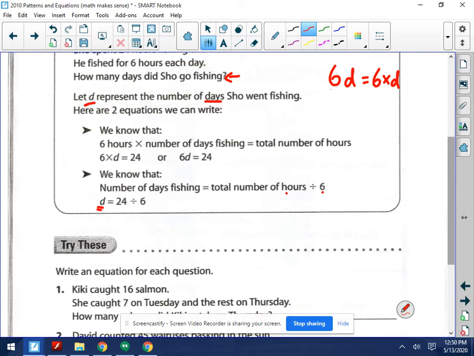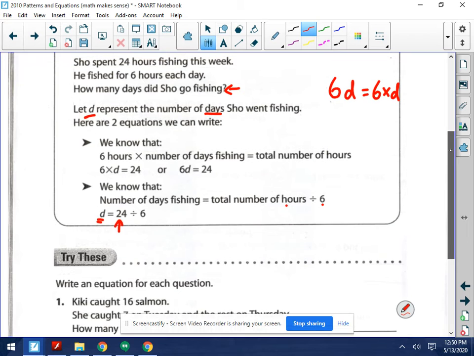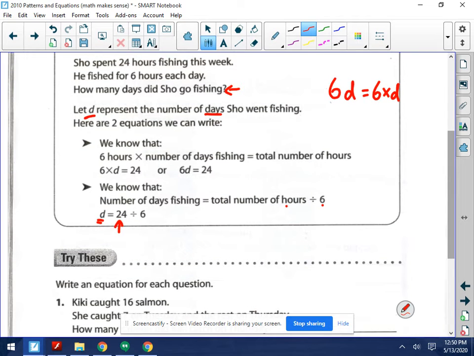So D, the number of days he was fishing, equals 24, that's the number of hours he was fishing altogether in that week, divided by the 6 hours a day. Or we could have written it this way: 24 divided by 6 will give us the number of days. And again, we would know that D is going to equal 4.